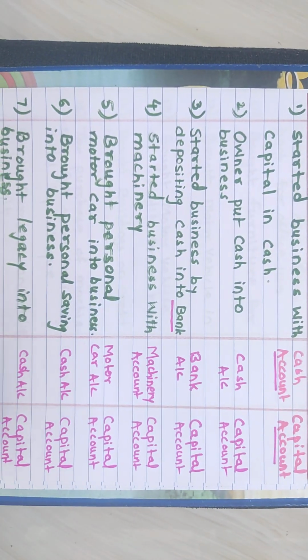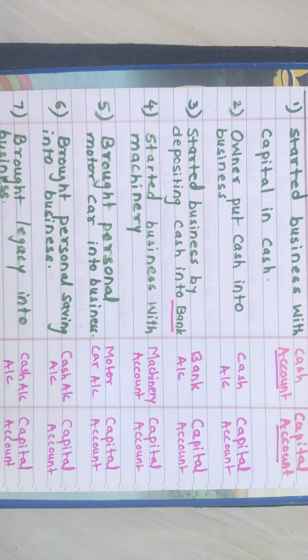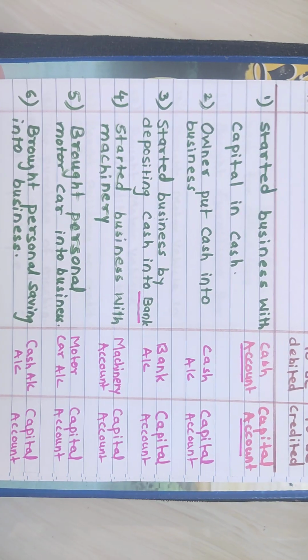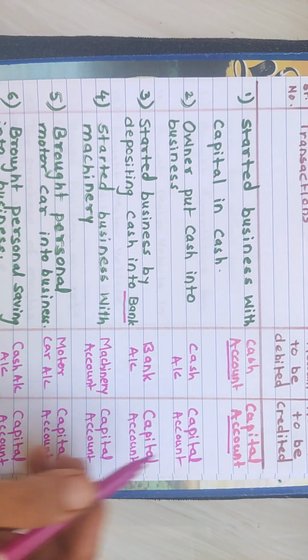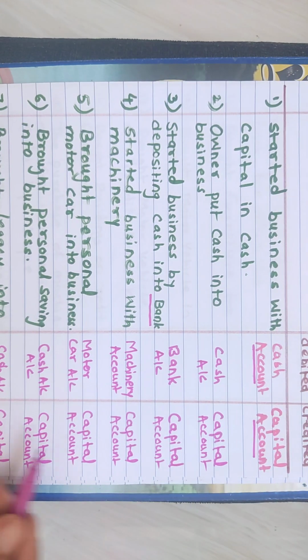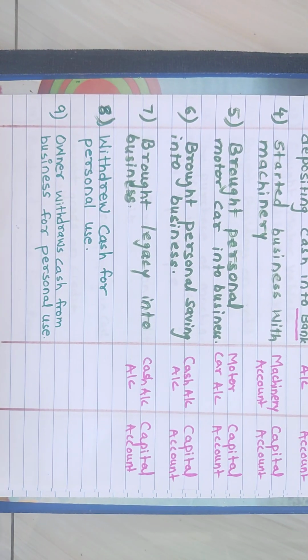Started business with machinery or motor car, the asset account which comes into the business will be debited and capital account is credited. So students, always remember that capital account always gets the credit balance.